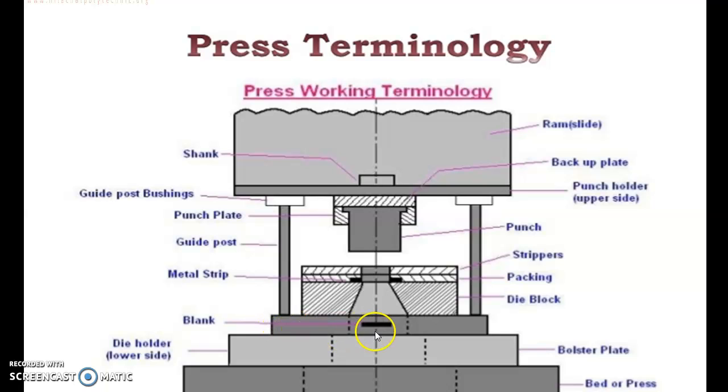This portion is known as the blank die. These are the die holes, and this is the bed of the press, the bolster plate, which is assembled with the press table. So this is all about the press working terminology.